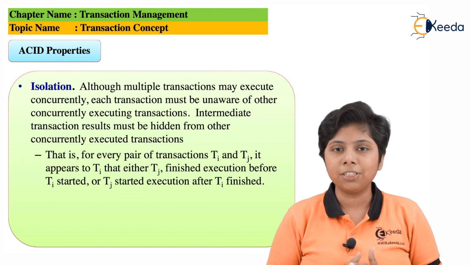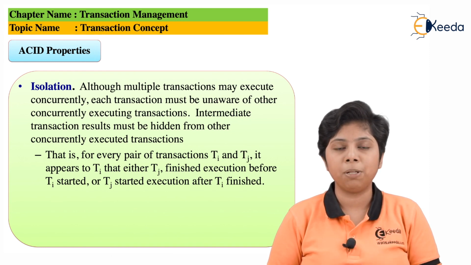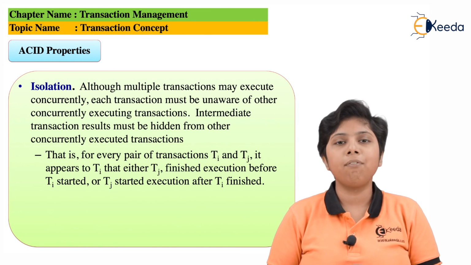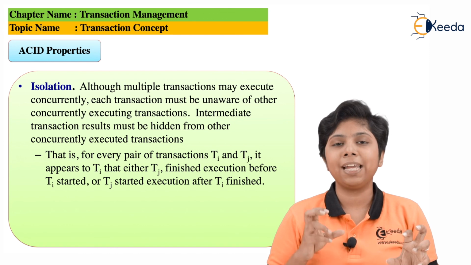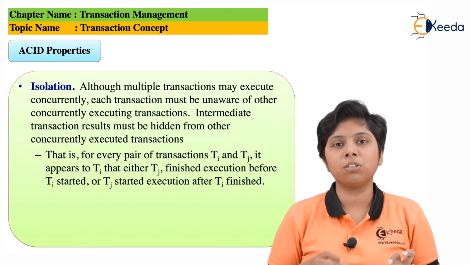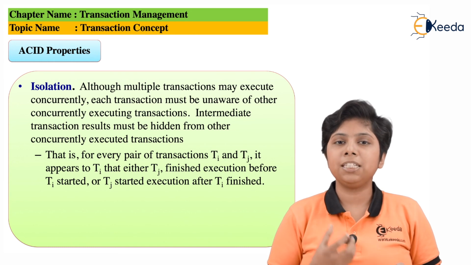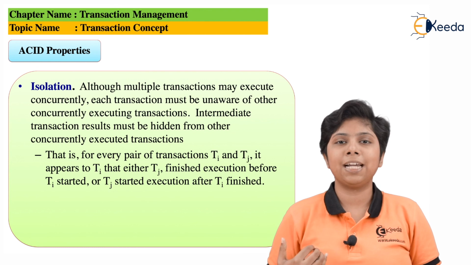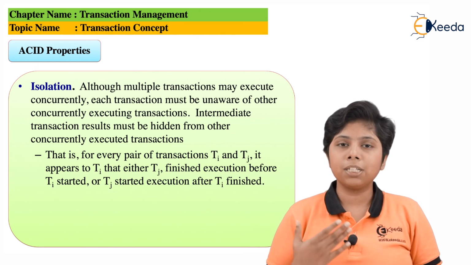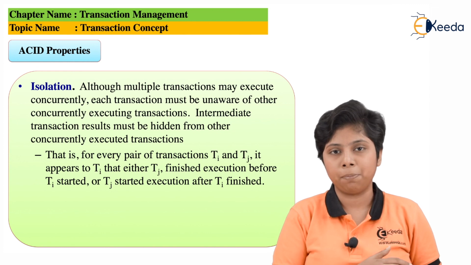So isolation means that if there are two transactions Ti and Tj in a schedule, then either Ti is executed completely before the start of Tj, or Tj has successfully completed and after that Ti starts. This way the isolation property is maintained.